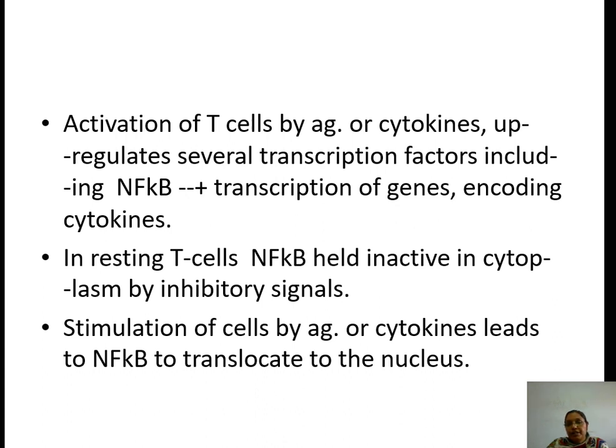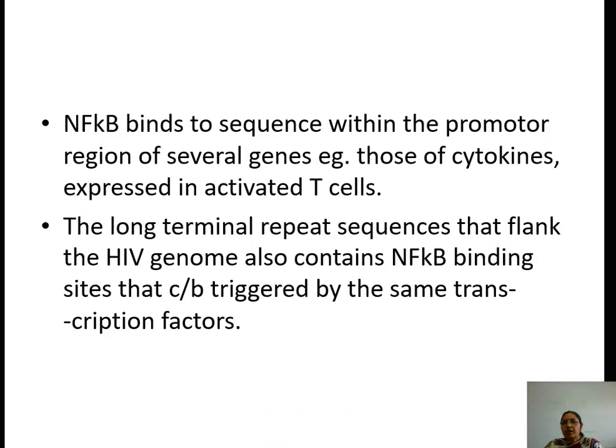Stimulation of cells by antigen or cytokines leads to NF-kappa B translocating to the nucleus. In the nucleus it binds to sequences within the promoter region of several genes, like those of the cytokines which are expressed in activated T cells. The long terminal repeat sequence that flanks the HIV genome also contains NF-kappa B binding sites and can be triggered by the same transcription factors.